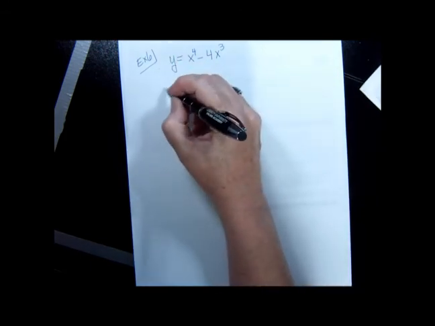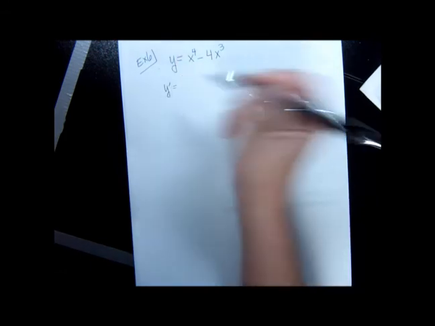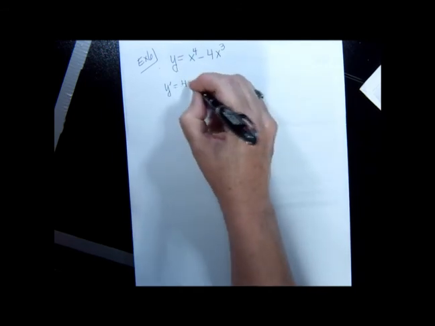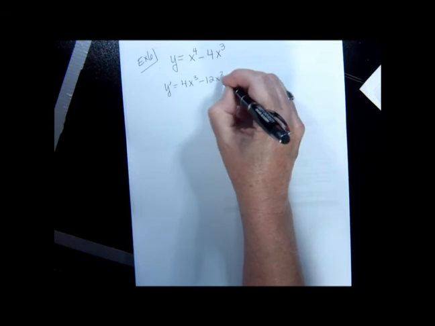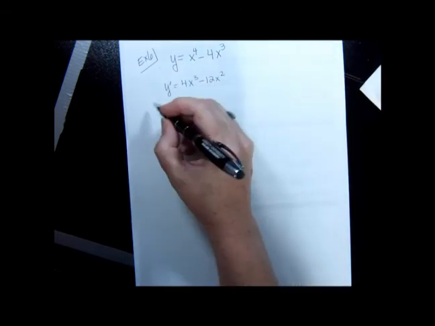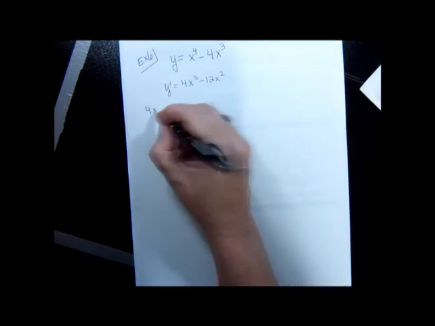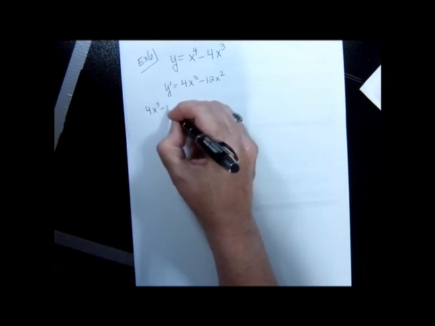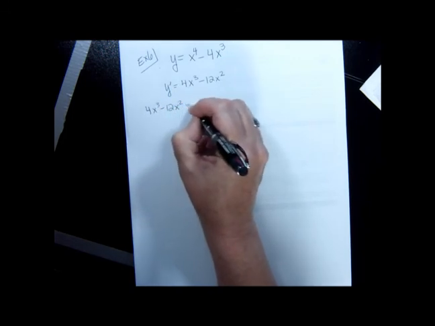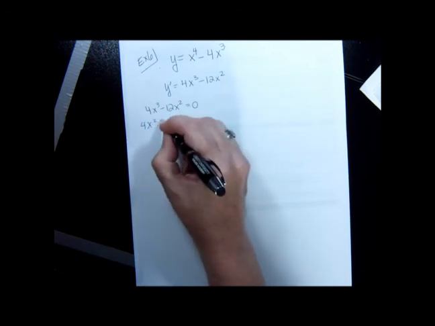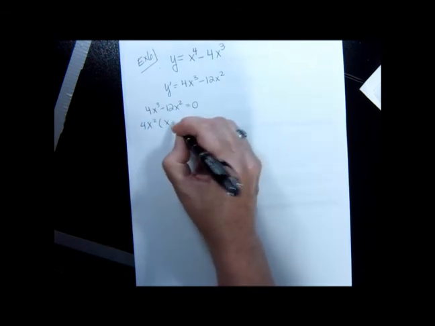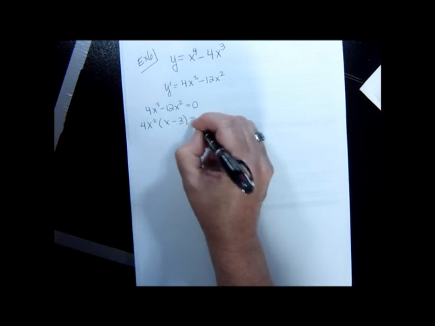First thing I'm going to do is find my first derivative. When I do that, I will have 4x cubed minus 12x squared. I'm going to set that equal to 0. Factor out 4x squared, and I get x minus 3 here, and this is equal to 0.